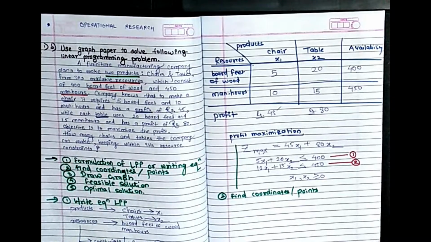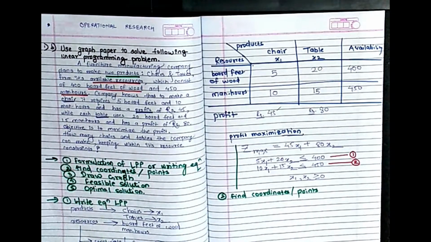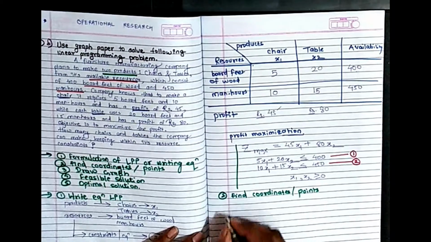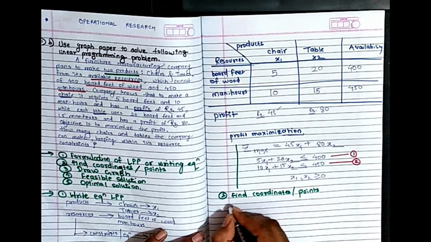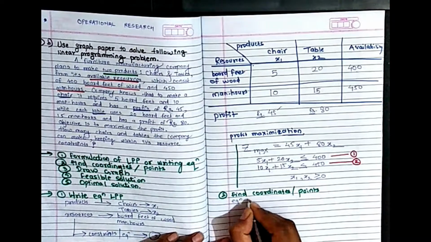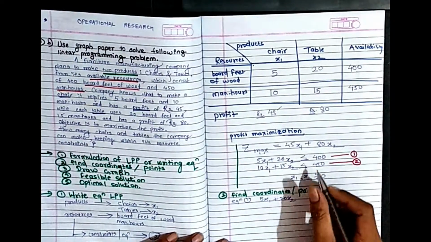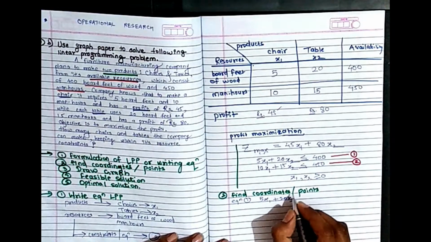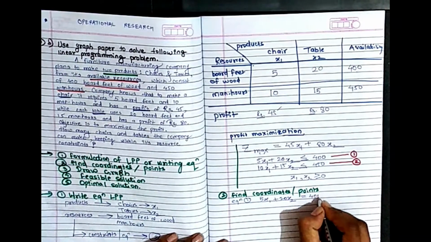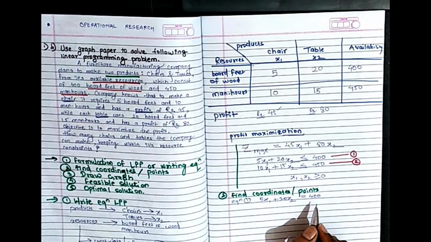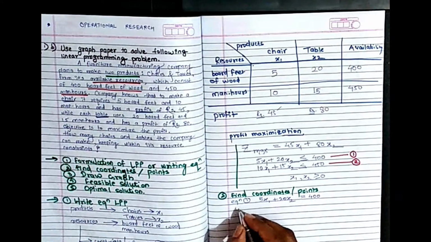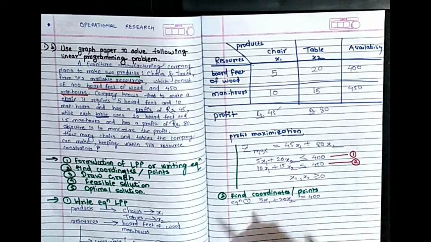So we will see equation 1, which is 5x1 plus 20x2. We will approximately consider this as equal to 400, as we have to find the points on the graph. Now we will put x1 as 0.